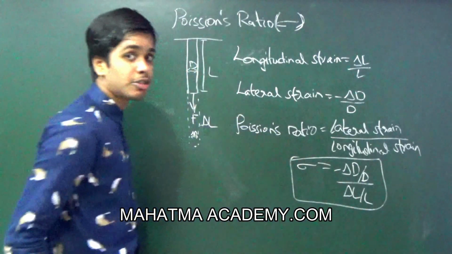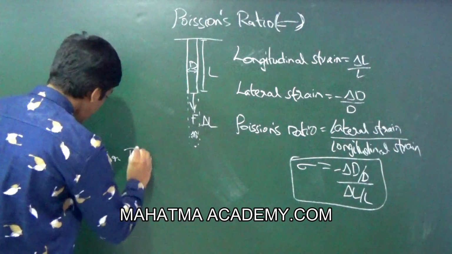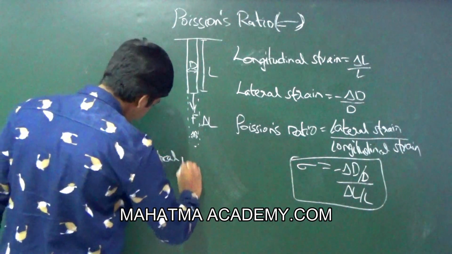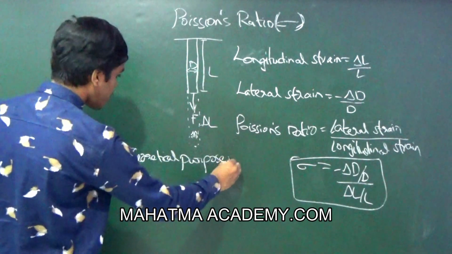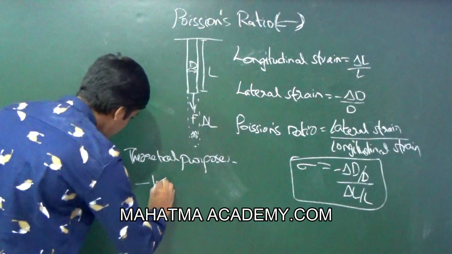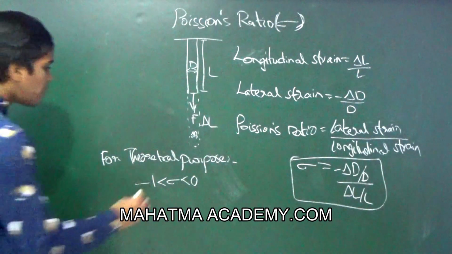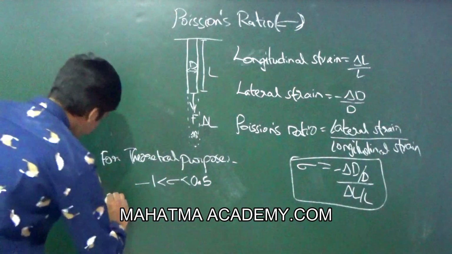Now there are values. For theoretical purpose, the value lies between -1 less than sigma less than 0.5. This is for the theoretical purpose.